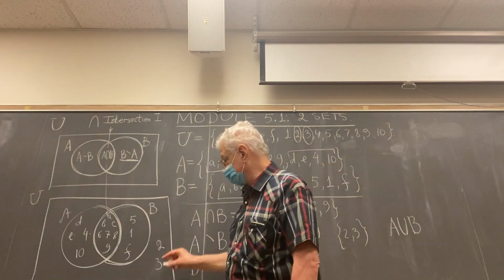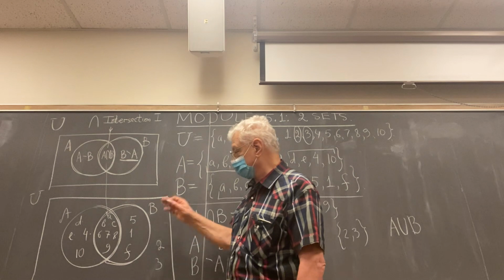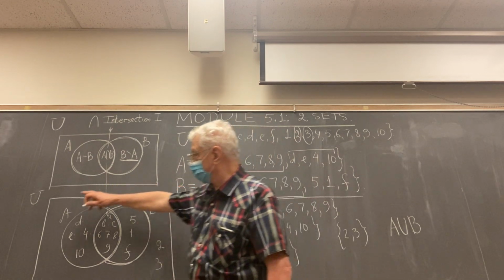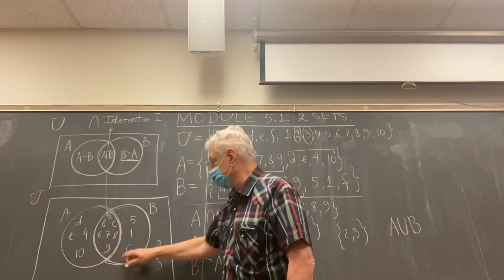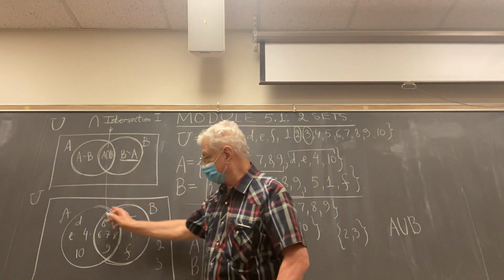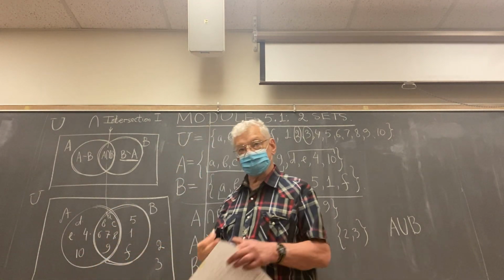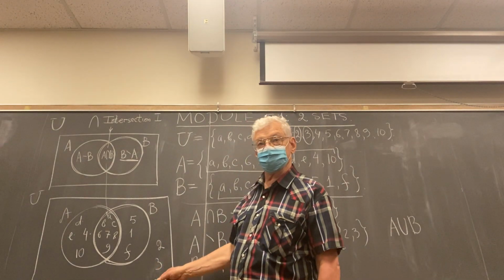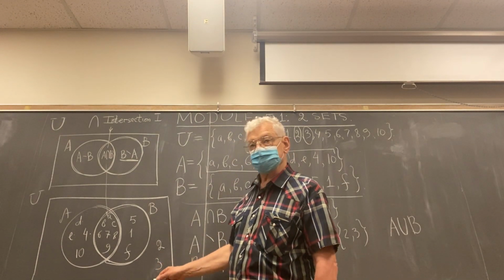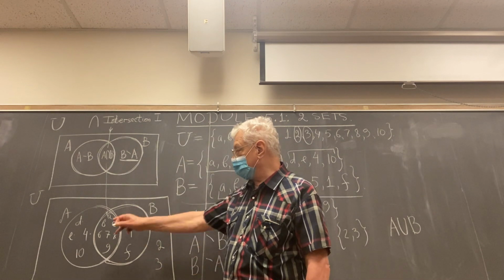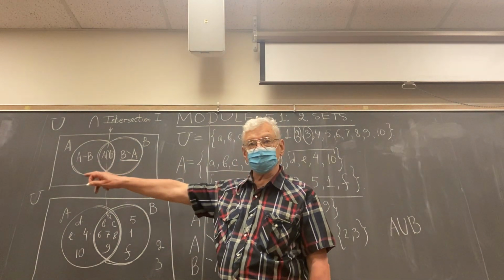But those two are outside. So therefore it's U minus these two circles. If I take scissors and cut out these two circles together, what's left over? 2, 3. So 2, 3 is in the complement of A and B inside U.